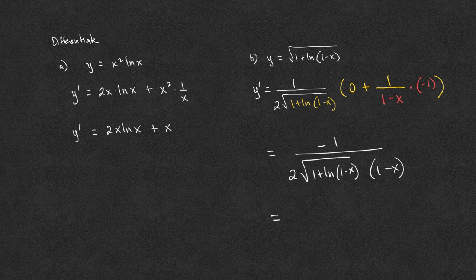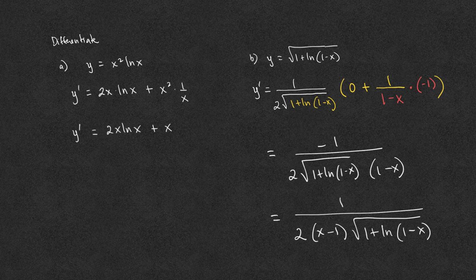To make it look nicer, we would write this as 1 over 2 times x minus 1, the square root of 1 plus ln of 1 minus x, where we switch 1 minus x to x minus 1 and factor out the negative 1. And so the negative and the negative cancel out. Usually, we write the radical at the end.